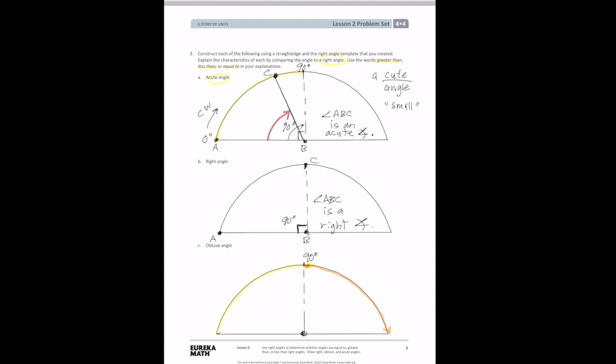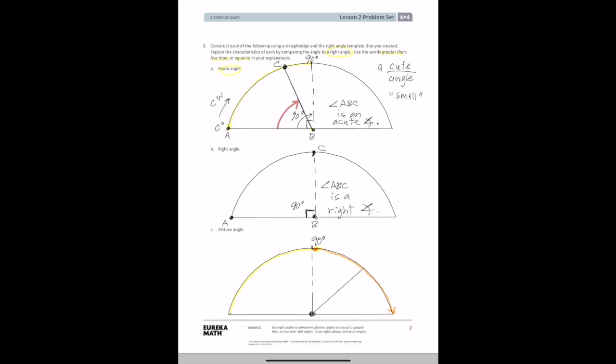So again, in this case, let's try one right here. So let's label it.